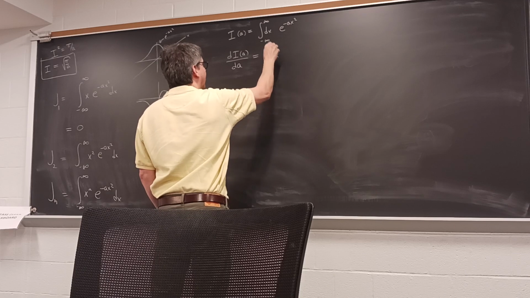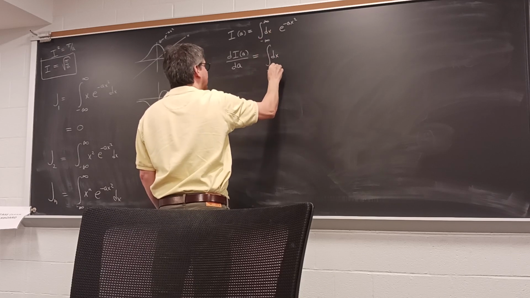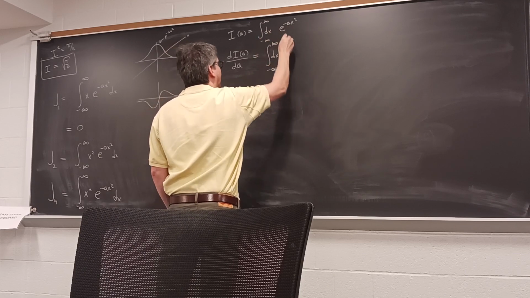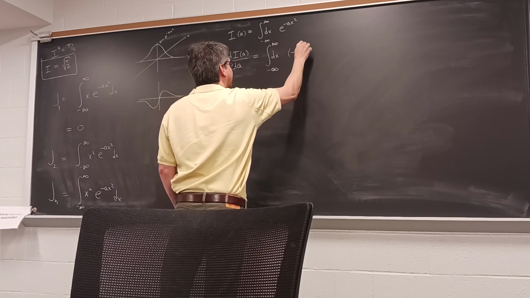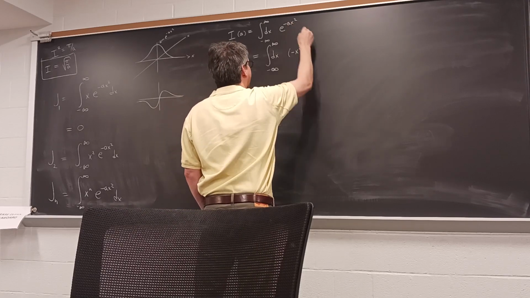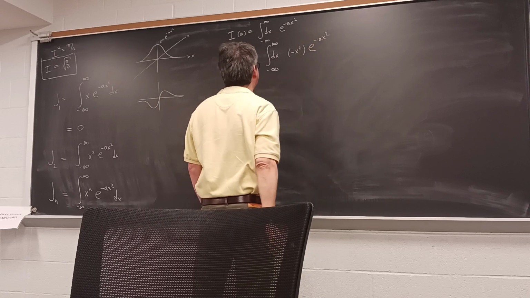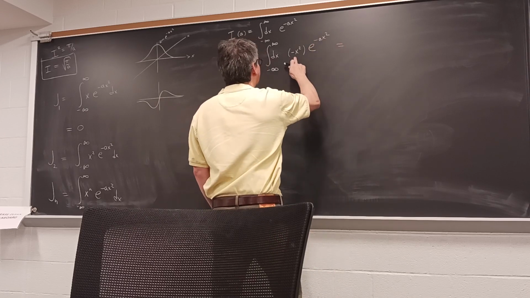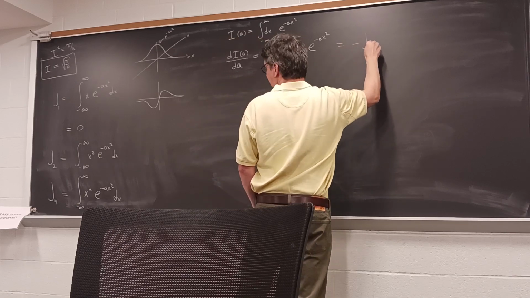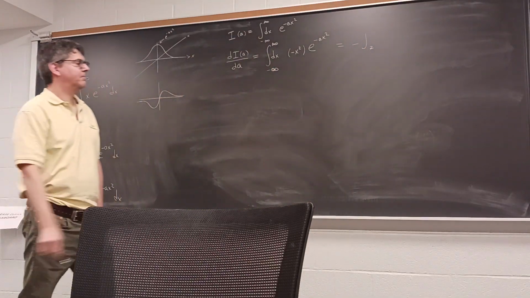Because I'm integrating over x, and x is not a, I can just write this as minus x squared, taking the derivative with respect to a of e to the minus a x squared. So this is equal to minus J2.